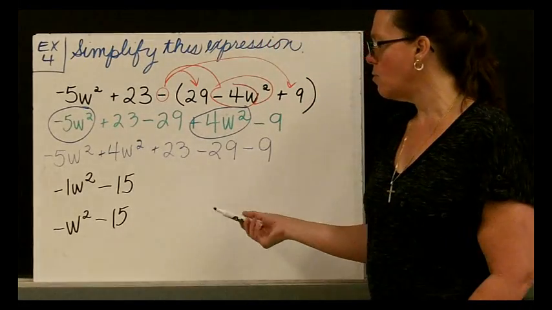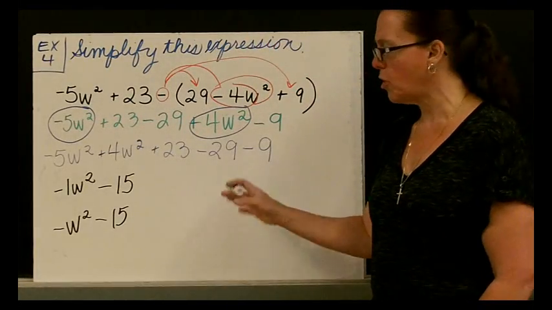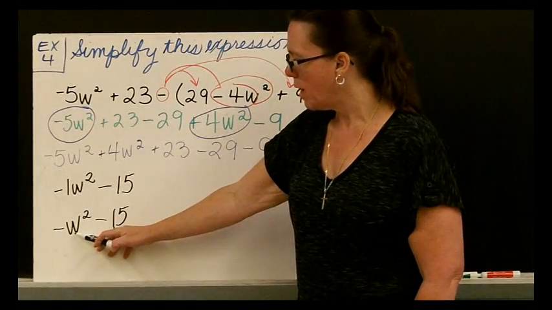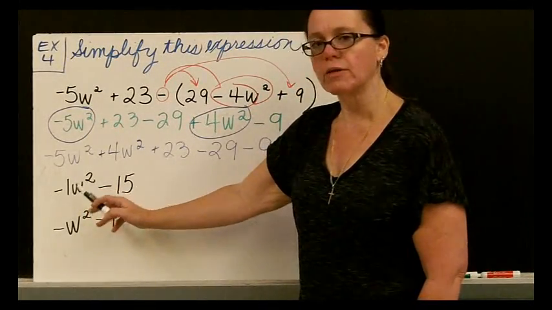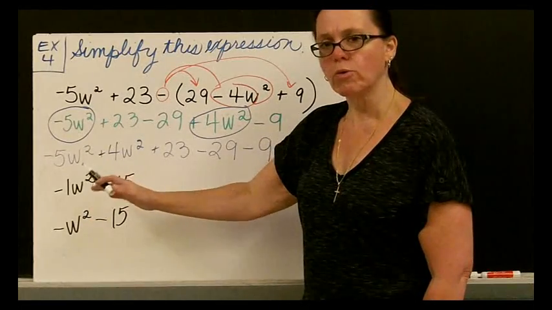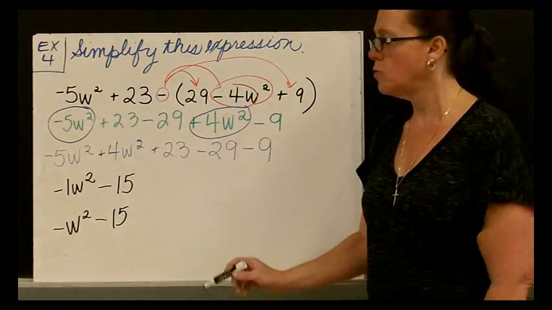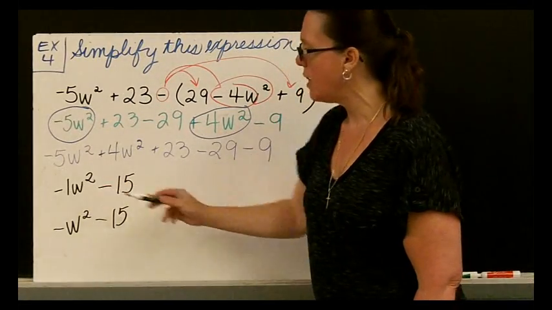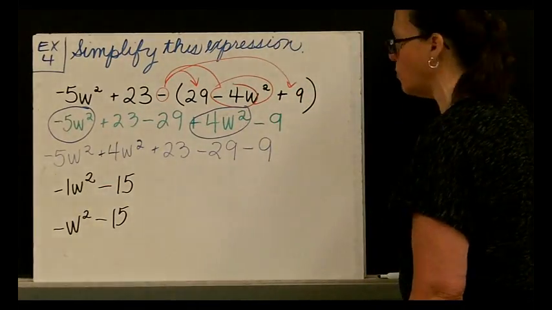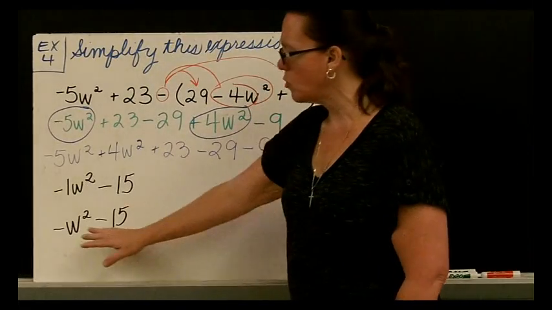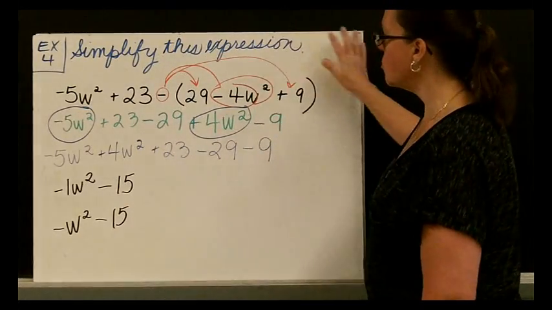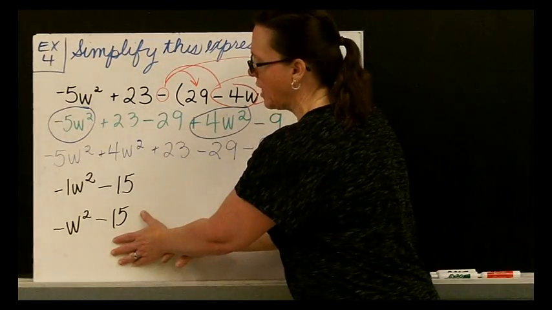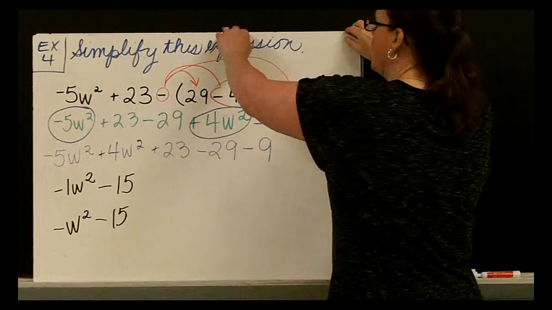And as you become more fluent in the pre-algebra, you will start to recognize this as having a coefficient of a negative 1. Either one that works best for you is the one that you should use. For now, it might be better to use negative 1 as a coefficient or positive 1 when that's the case, and then eventually you will move to this. But long story short, this very big expression has been boiled down to negative w squared minus 15.